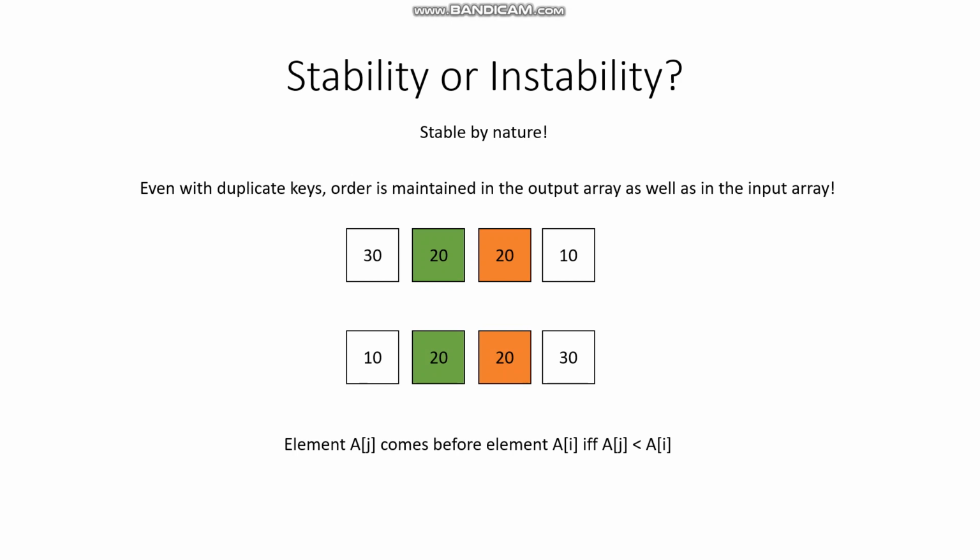Because 20 is equal to 20, no matter what, the leftmost element will come first, and then the rightmost. So even if there were numbers in between, say there was 30, 20, 15, 20, 10, no matter what, that first 20 will always be on the left of the one on the right. Green will come before orange. Stability achieved.